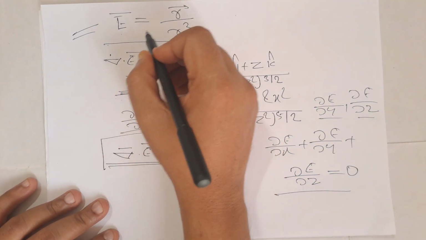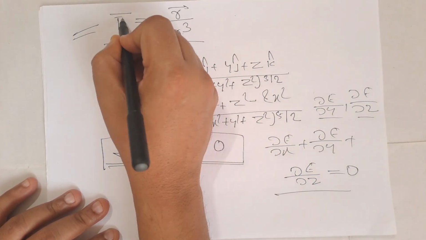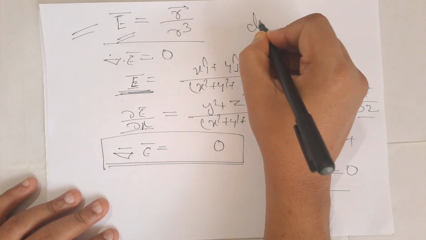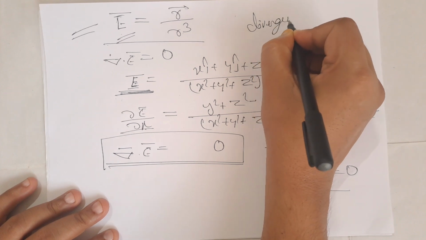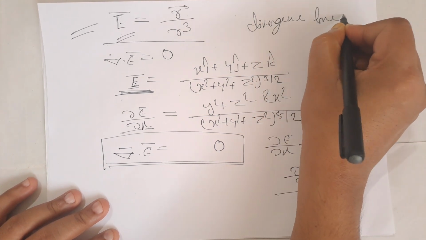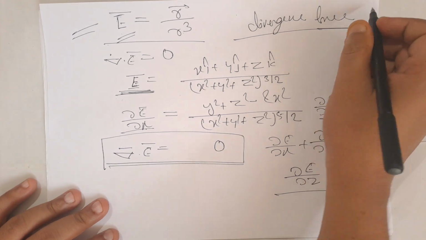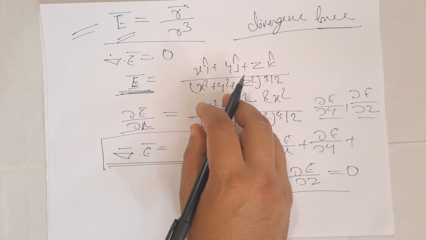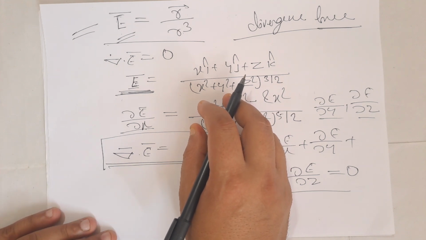So divergence of this electric field E is 0. It means it is divergence free, or solenoidal. So this is how we calculate the divergence of any vector field.